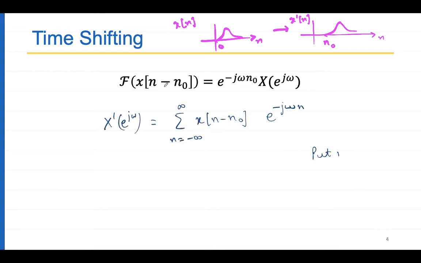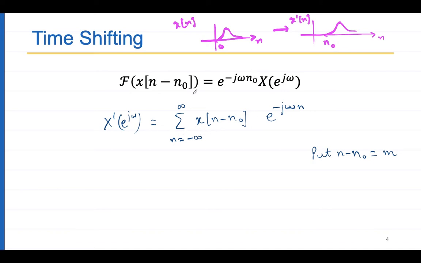So let us compute from the same formula, x of the new thing, e to the power minus j omega n, summed over all the n's. Now you want to go back to this representation, so replace n minus n naught with some m, and when you make the substitution here, you will get m plus n naught, and that whole thing will reflect like this, because the summation is over m, so n naught is a constant, so it can be taken out.